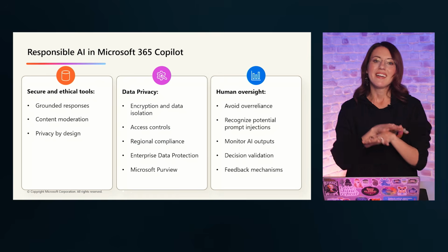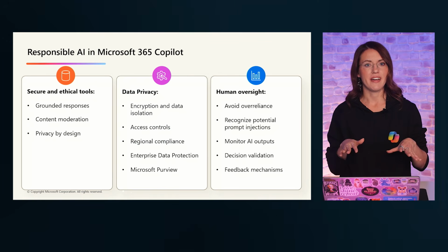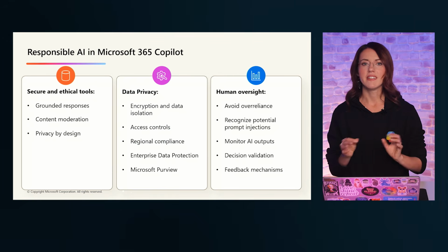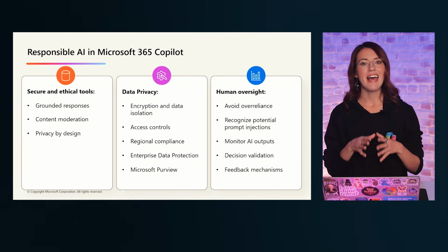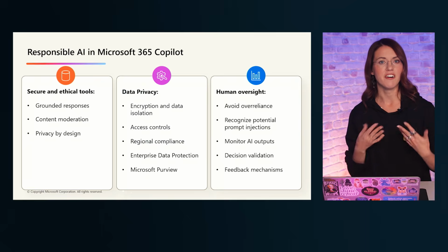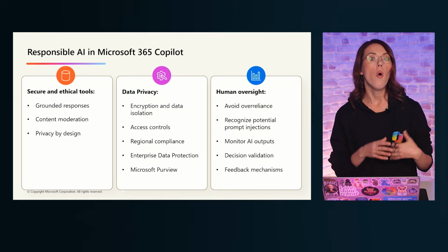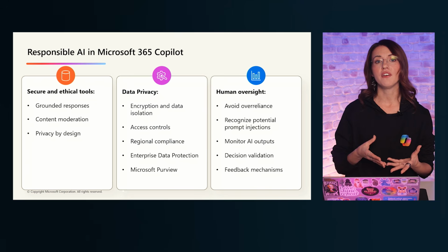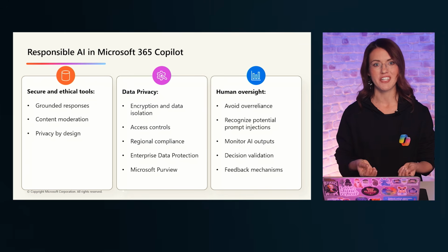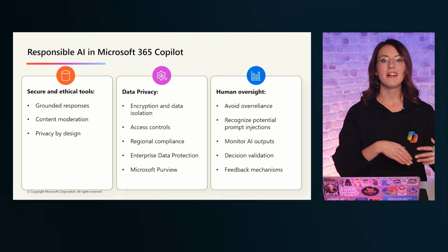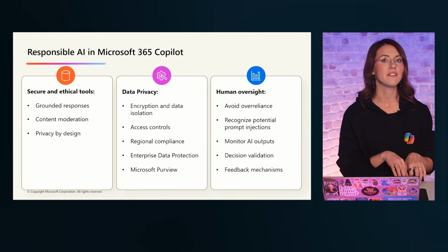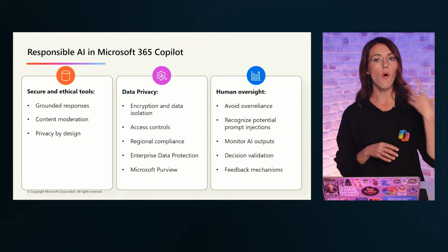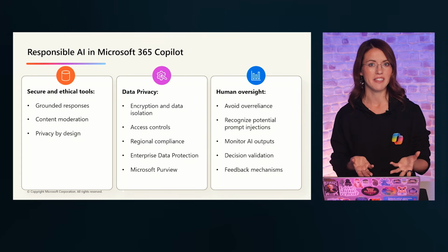That said, here is an important reality check. AI is a powerful assistant, not a decision maker. You should never fully rely on AI output without reviewing it. One risk to be aware of is something called prompt injection, where hidden or malicious instructions can try to trick AI into ignoring rules or behaving in unexpected ways.